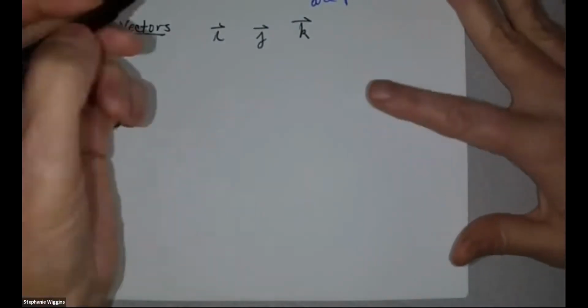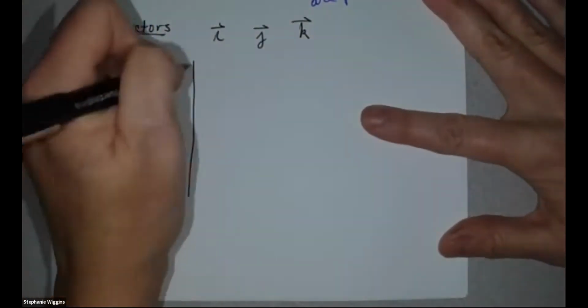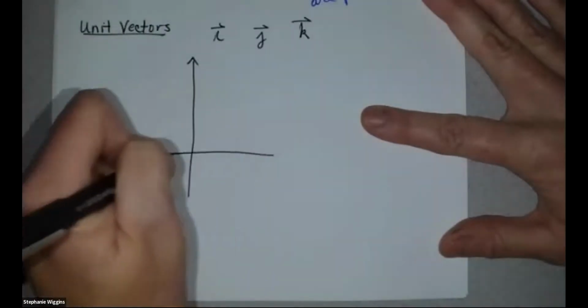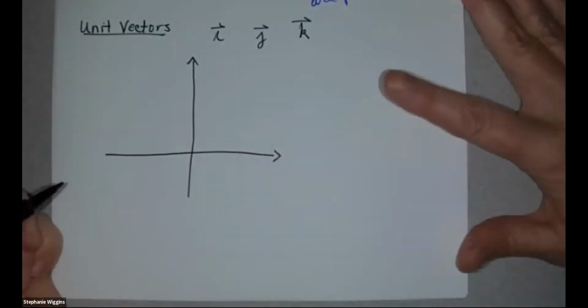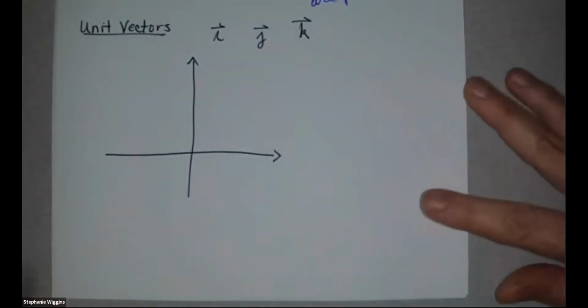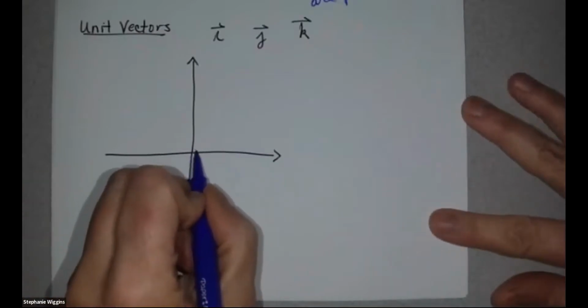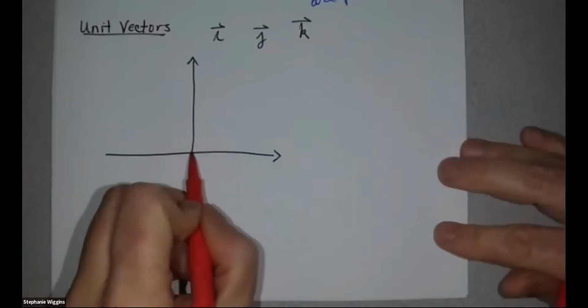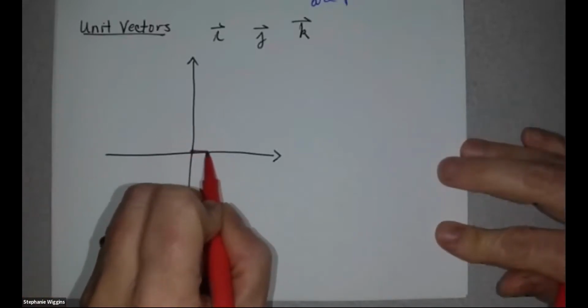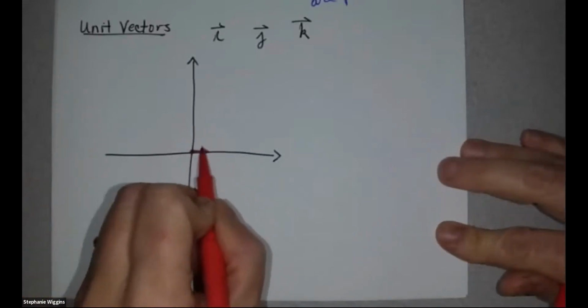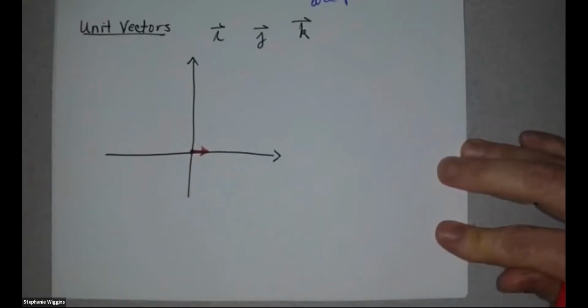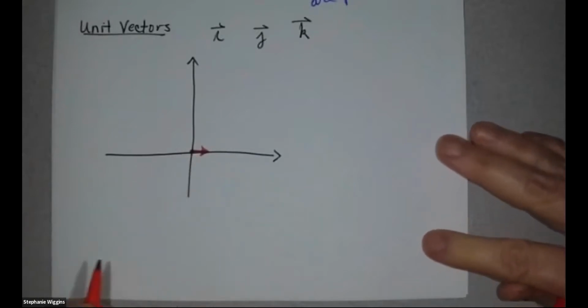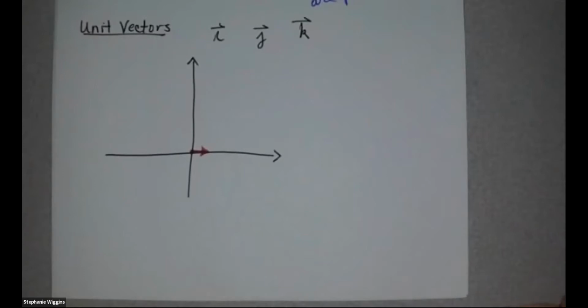So in the 2-dimensional plane, we have a vector, and I'm going to position it at the origin just to kind of give you a feel for, that's kind of a standard position for vectors. When the initial point is at the origin, and it points in the x direction.